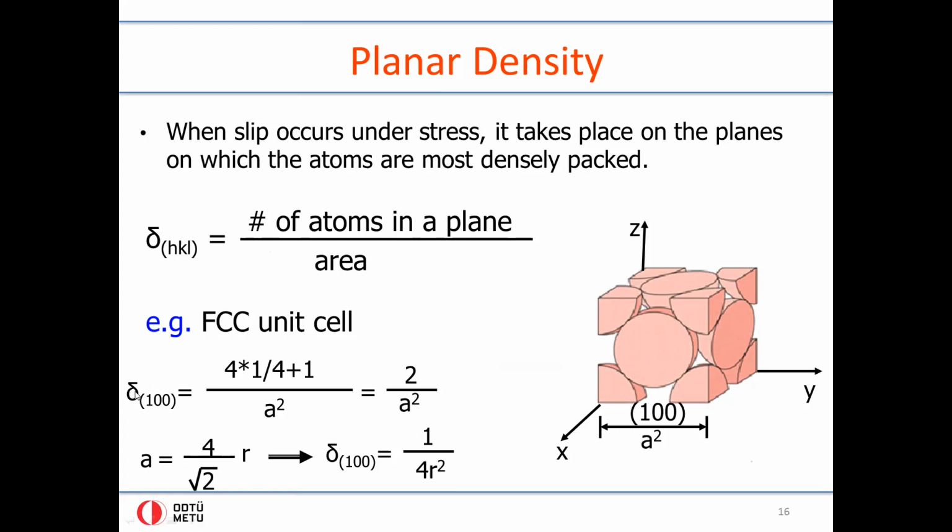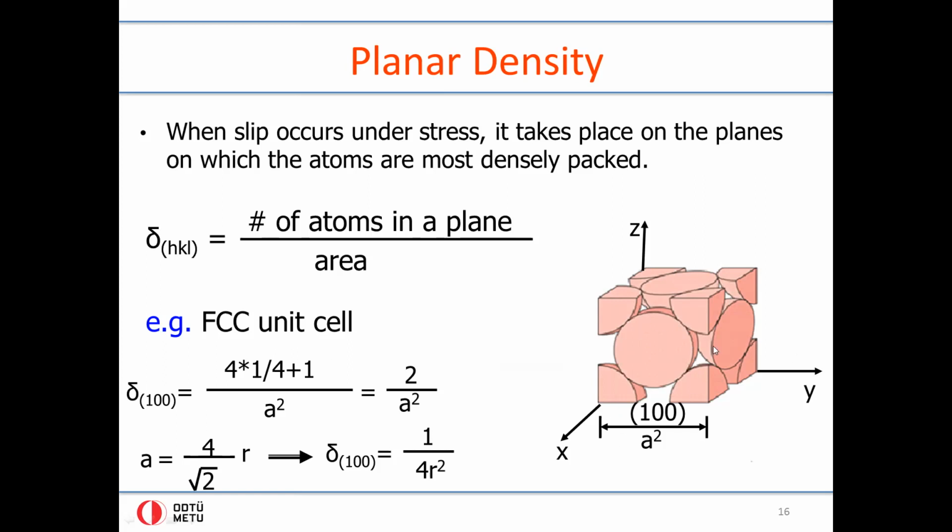And the planar density, which we know is for a plane because of these soft rounded parentheses, is number of atoms in the plane. So we look at what this plane is, 1, 0, 0. 1, 0, 0 has an intercept at x equals 1 and is parallel to y and z.